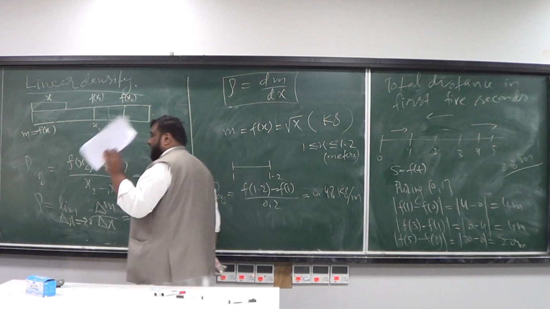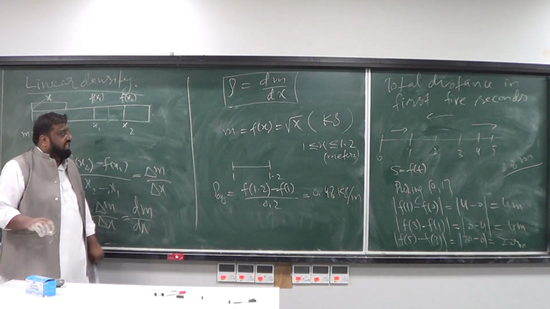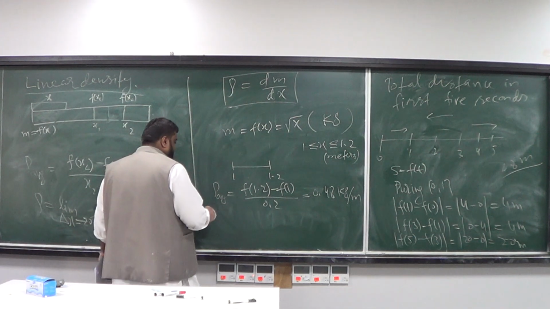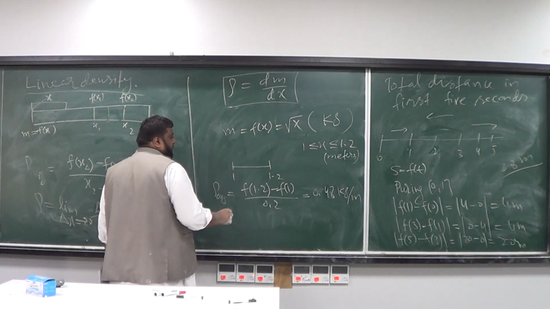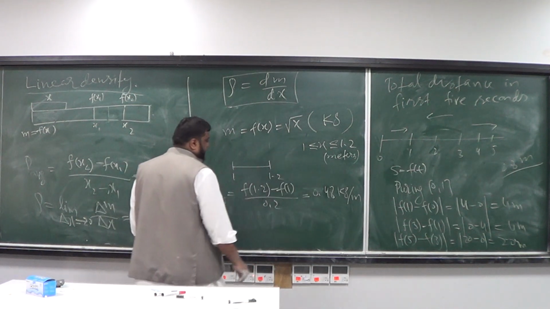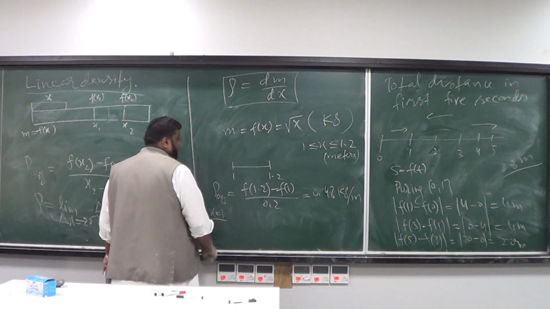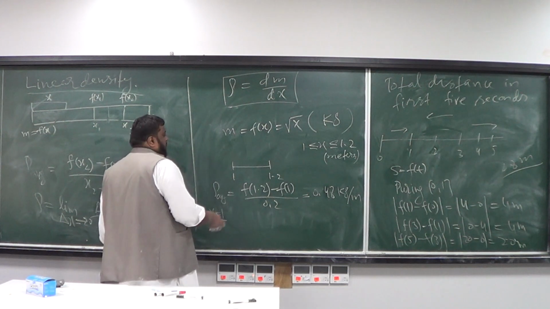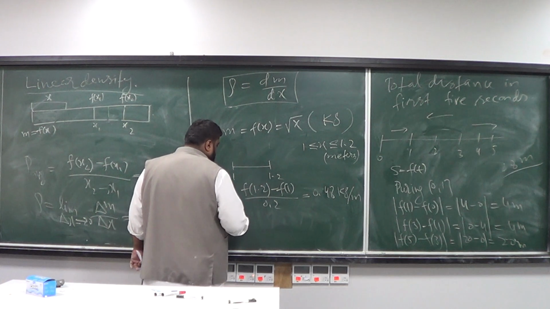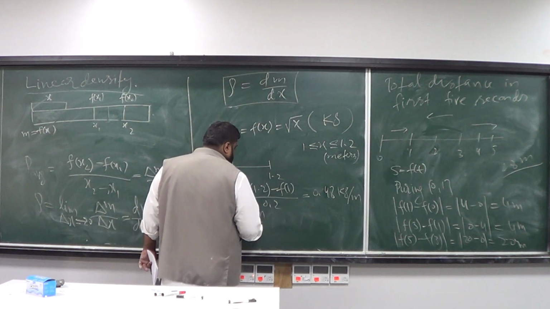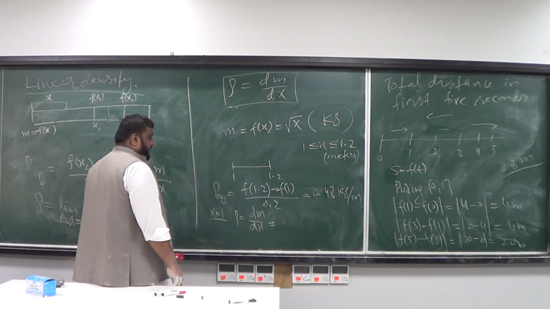So this is really the average density of this rod: 0.48 kilogram per meter. And what would be the instantaneous density, say at x equal to 1? If I take exactly this position, what is the density of the rod? For that I need to calculate the derivative of the mass with respect to x, and we know how to calculate the derivative of the square root of x.